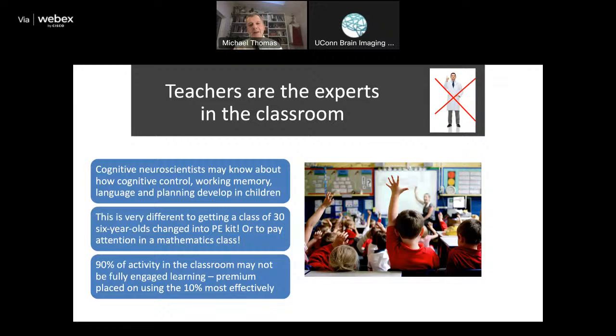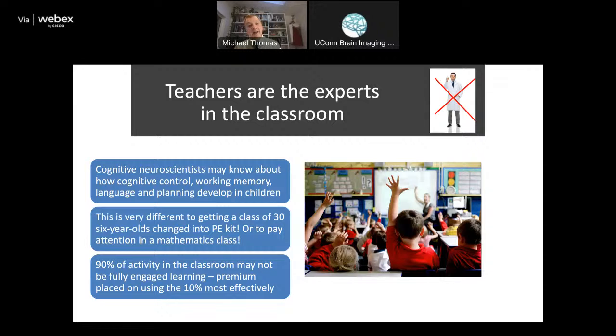So it may well be that the majority, maybe even the vast majority of time in the classroom is not active, engaged learning. But I think that just places all the more emphasis on that 10% where they are actively engaged. You want to do that in the most efficient, optimized way possible.